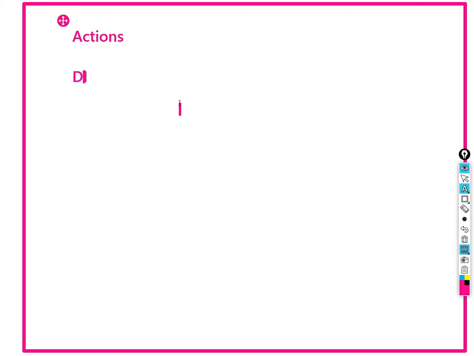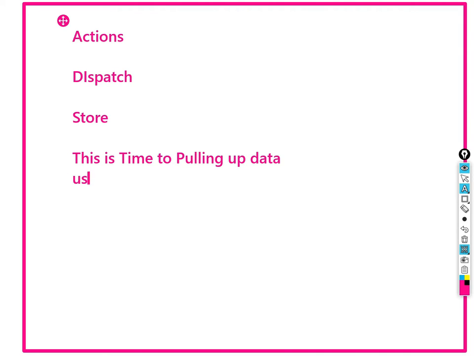After this action I dispatch the data. After dispatching data I store it into a central store, which is my global state. So now it is time to pull up data. This is time to show data by using useSelector from React Redux.